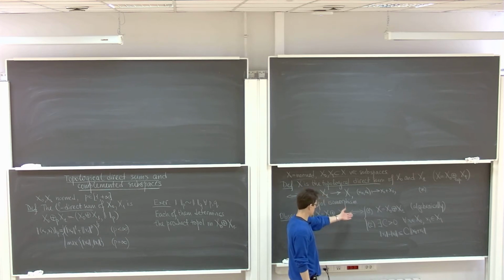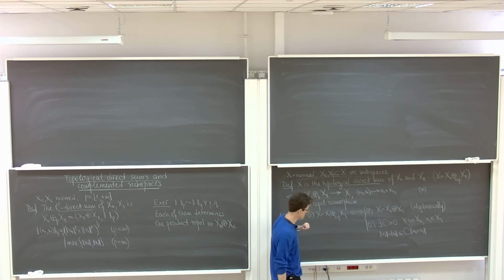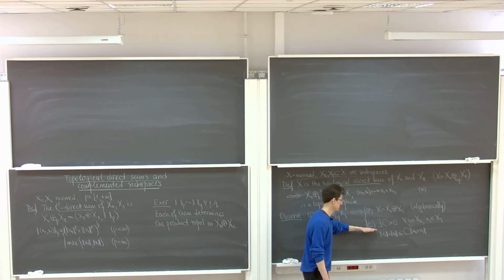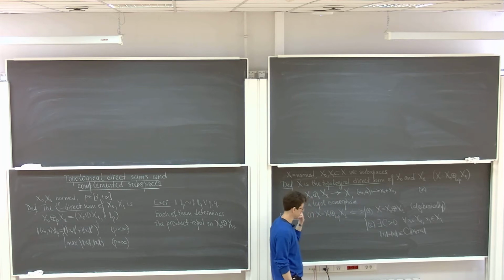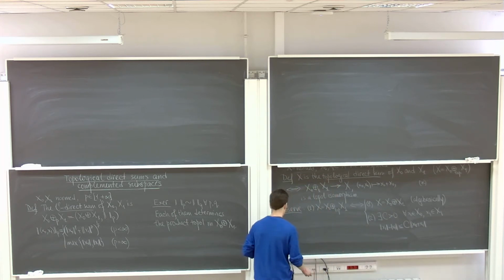Well, indeed, this is equivalent to our previous definition, because condition 1 means that this map star is an algebraic isomorphism, and condition 2 means that the inverse map is continuous, or equivalently bounded. Okay, and also one more simple observation.